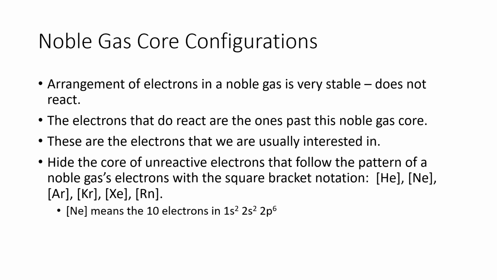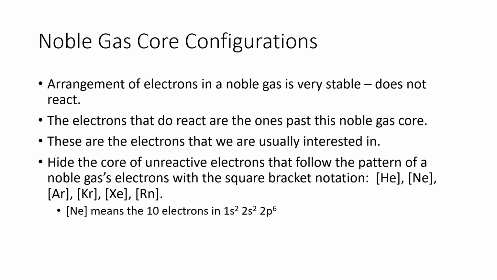The thought process behind writing the shortened version of the electron configuration is something like this. When the electrons are arranged in a noble gas, that particular arrangement of electrons, which would be 2 for helium or 10 for neon or 18 for argon, so on, is very, very, very stable.